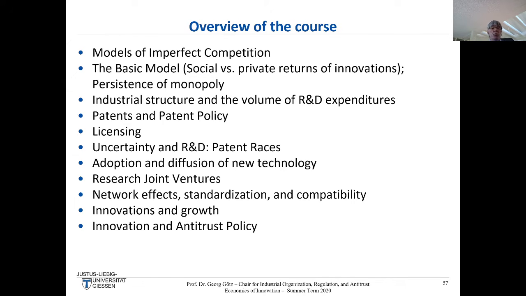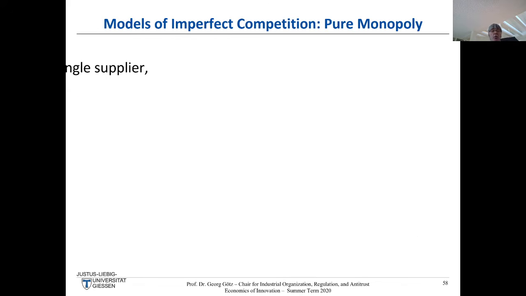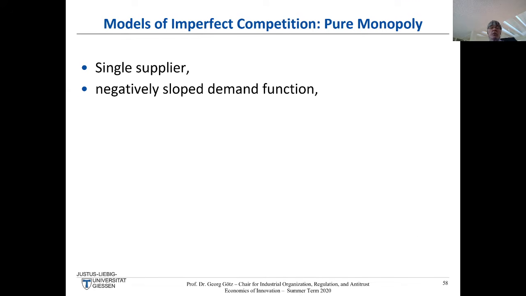And then we will move on to the basic model, which is actually the Arrow model from 1962. Okay, so hopefully the stream works, and we are going to move on to these models of imperfect competition.